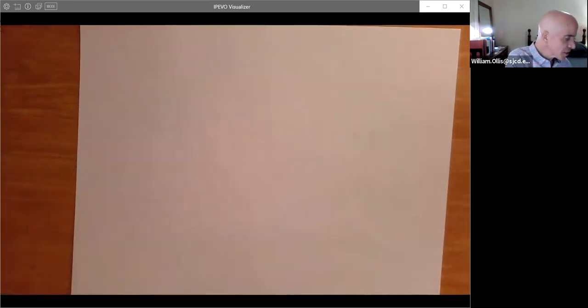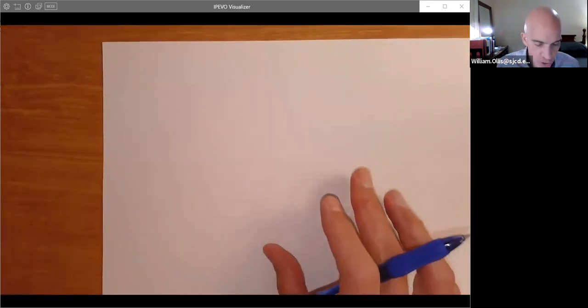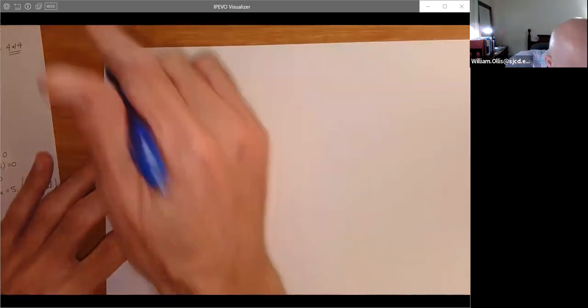So let's look at an example where we have some fractions, and let's just see what kind of solutions we can get. So here's an example.